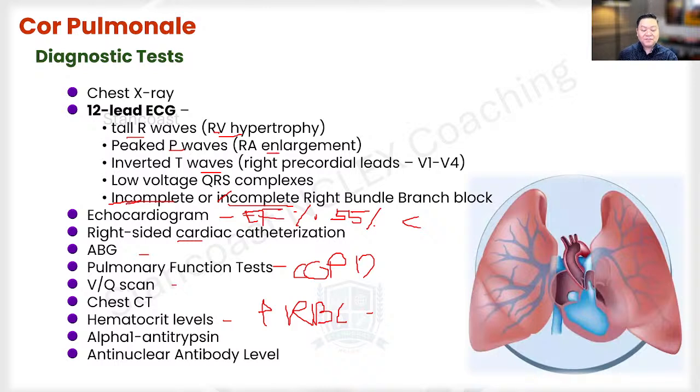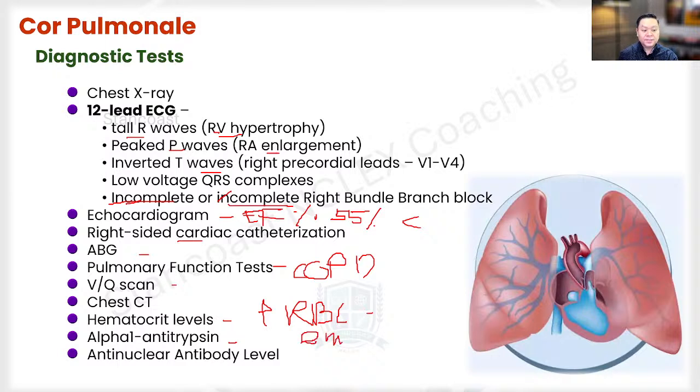Now, the alpha-1 antitrypsin, this is another test which is going to give us an idea if the person has a problem in promoting that lung recoil. So this is something that will be seen in a patient with emphysema, a form of COPD.